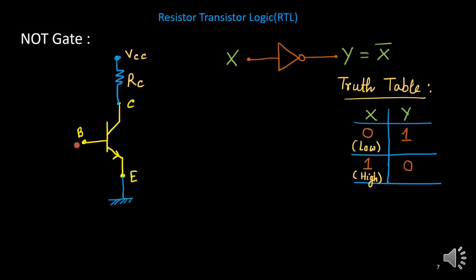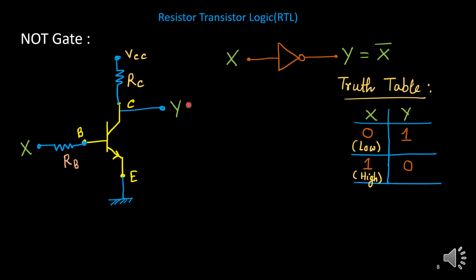In the base we add the input, but we put one resistance as well, RB, to limit the current at the base side. This is the input X, and we collect the output Y from the collector end.